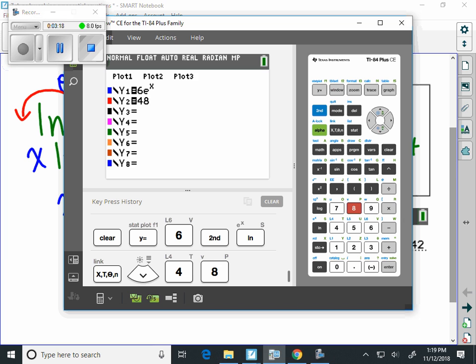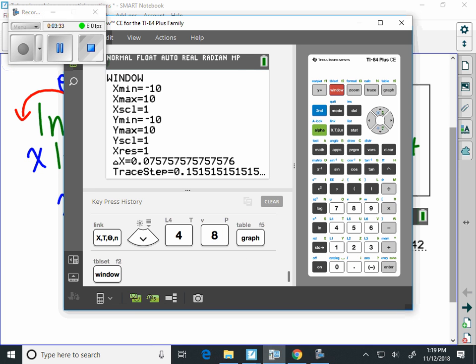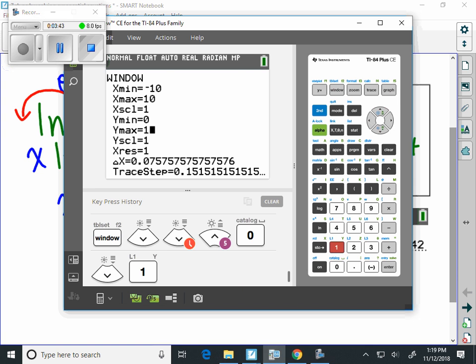And then when we look at the picture here, that's all we're going to see, because we have to change that window. Remember, the second equation is y equals 48, so we need to change our window. I left the x alone, but I changed the y minimum to 0, and I changed my maximum to 100, and I changed my y scale to 10.